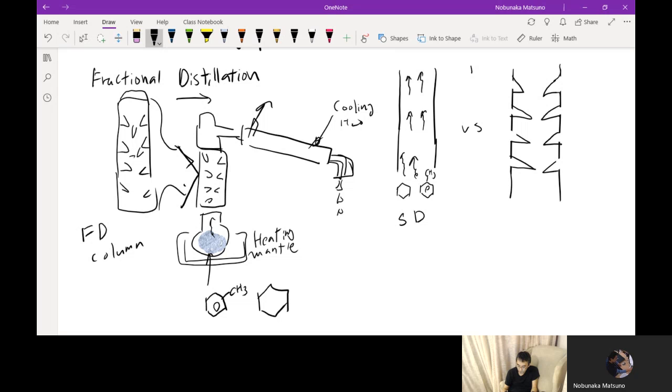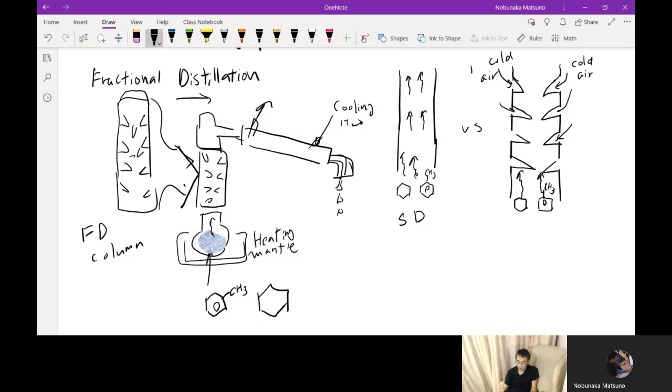All right. So meaning that the cold air is accessible into here, which is fine. So now what happens is that the surface of this Vigreux column is colder. So you have cyclohexane and you have toluene, and they evaporate together.